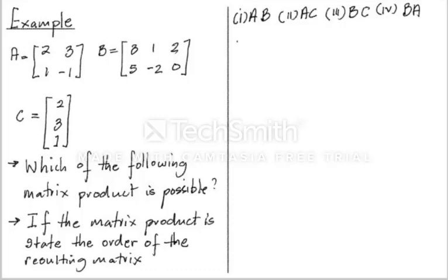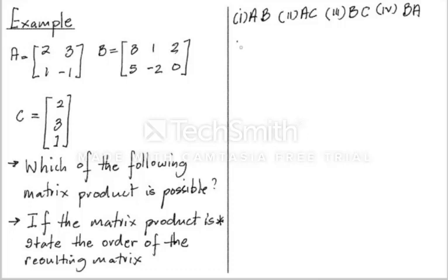And for the two matrices to be compatible for multiplication, the number of columns in the first must be equal to the number of rows in the second. Now, if the matrix product is possible, we need to state the order of the resulting matrix.